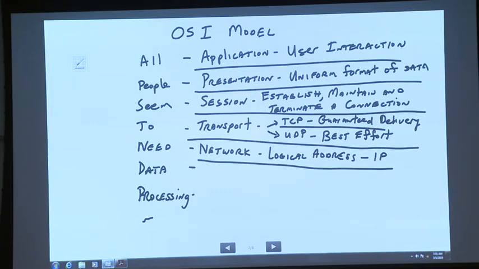What's the D stand for? Data link. On the data link, we have two subcategories. We have what is known as the LLC, or the logical link control.